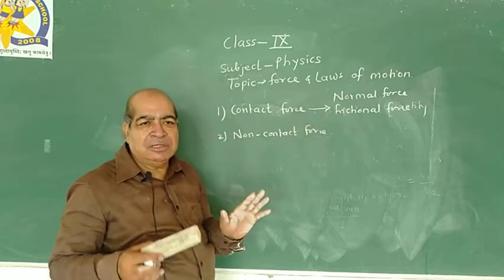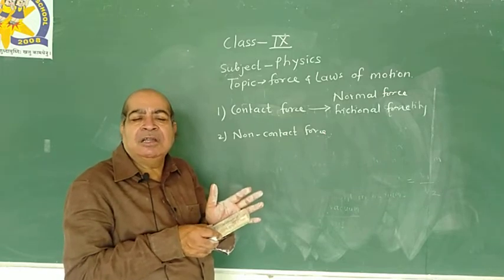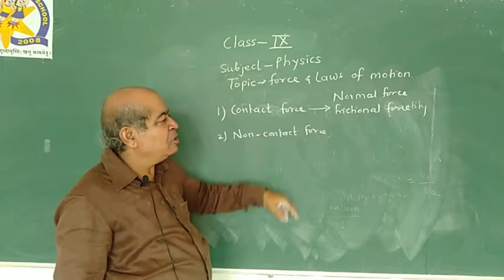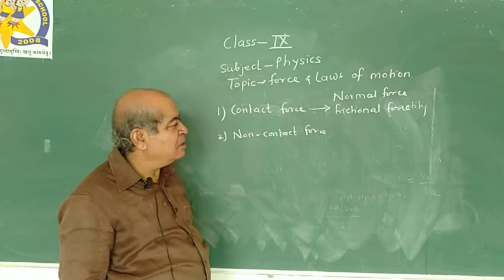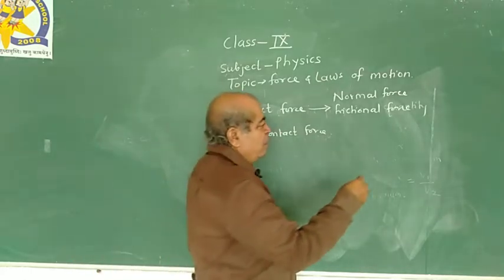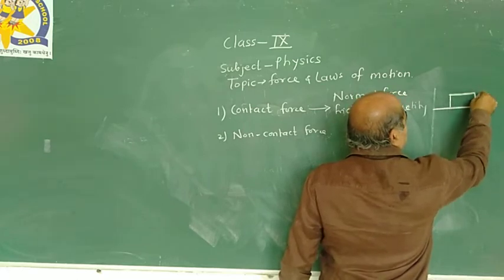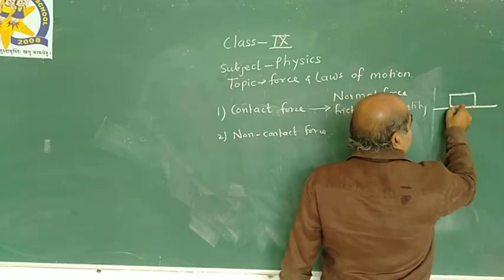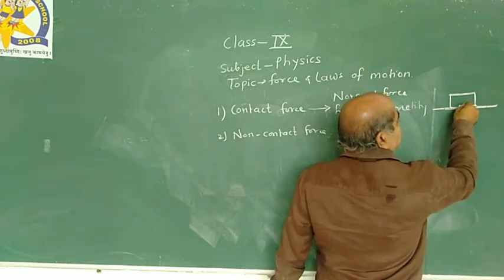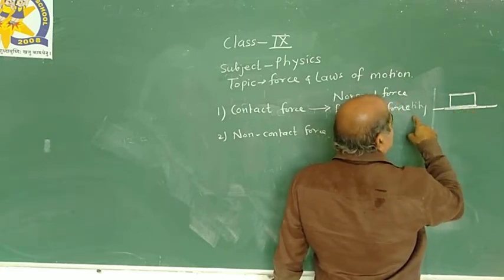म्हणजे contact force is applied when one body makes contact with another body. This force is called the contact force. There are two types of contact force: one is normal force and the second is the frictional force. When we walk on the road or when a body is kept on the road, there is friction between the surface of the road and the surface of the body, and this type of force is frictional force.